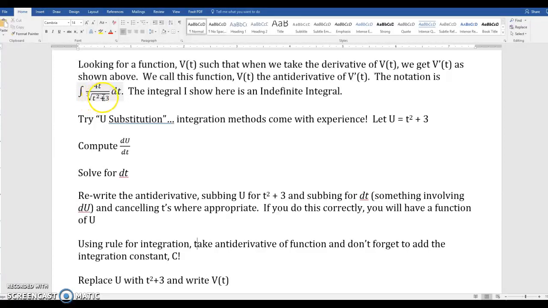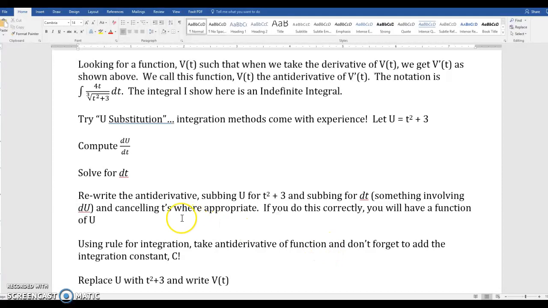So instead of t squared plus 3, I'm going to have u, and subbing for dt. So where you have dt here, I want you to replace it with whatever you found when you solved for dt in this step.